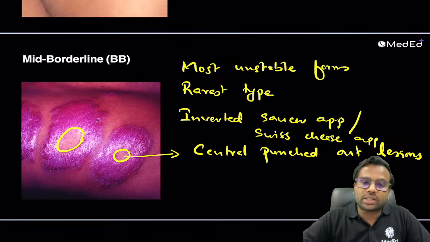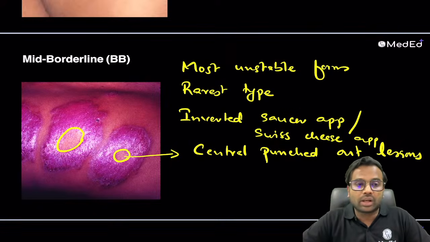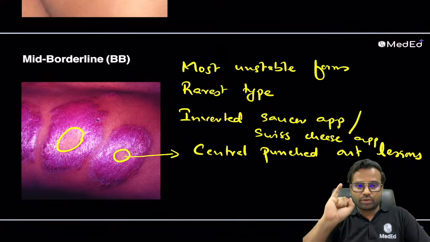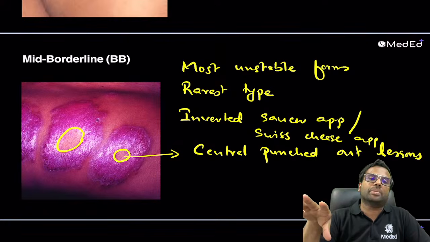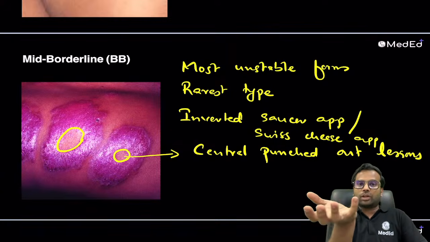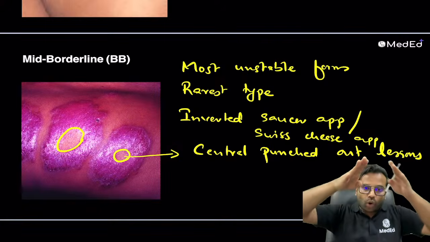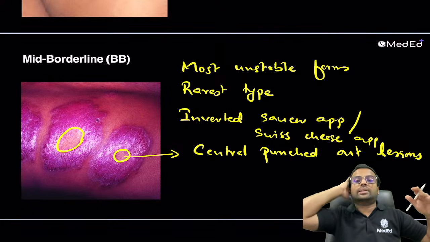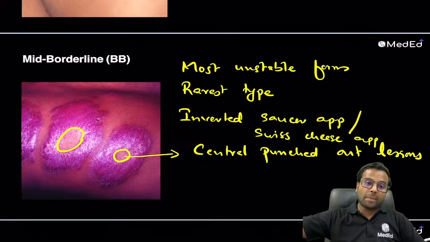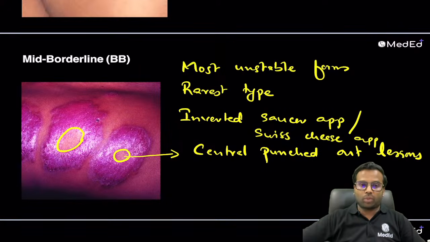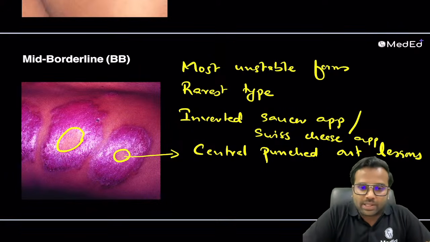Okay, so this is how it is being compared. I hope it is clear. Punched out appearance, if you are able to see, the answer is BB. Inverted saucer, earlier I said saucer right way up, now it is inverted saucer appearance, or a Swiss cheese appearance. That is how we call it mid borderline or borderline type of leprosy.